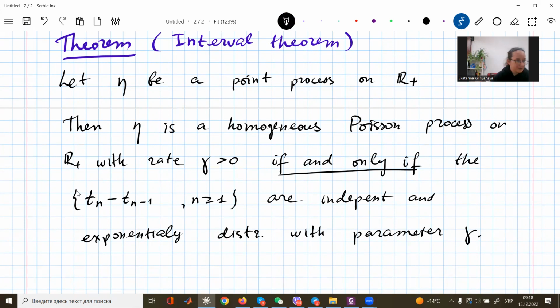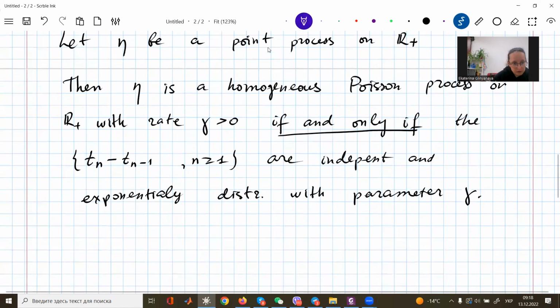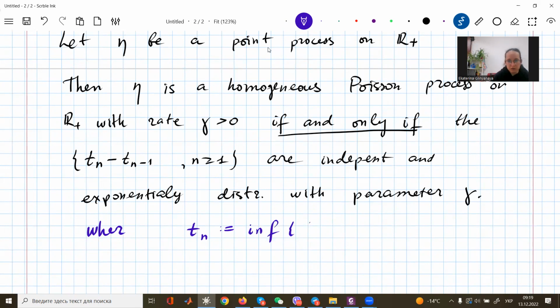Let me specify once more what Tn is, because I didn't write the precise formula for it. Tn is, by definition, the infimum of such t where the value of the point process on [0, t] is greater than or equal to n.